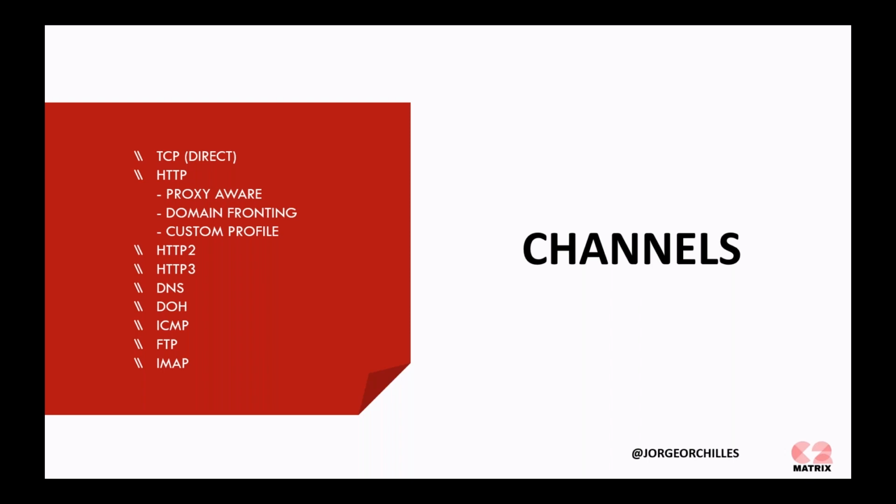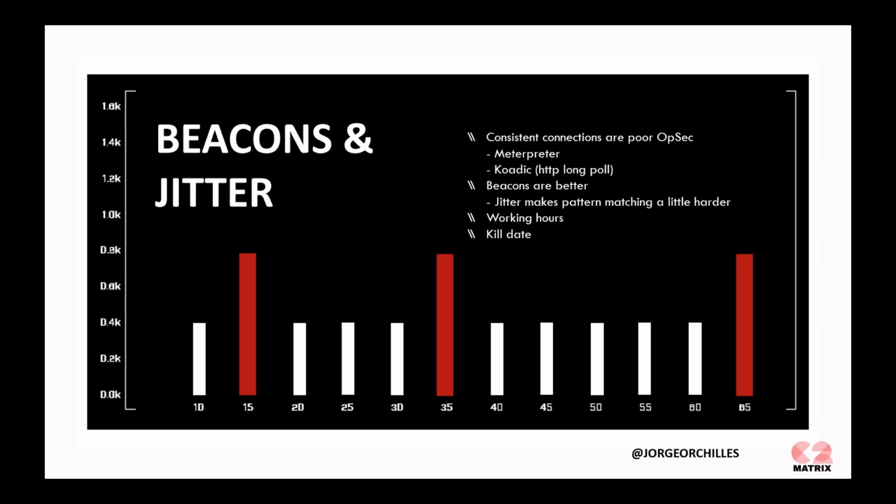Now, most of these command and control frameworks do what's called beaconing. That means that the agent, the computer you compromise, will call out to your server every so often. You should be able to configure that time. For a short haul, you can do it every minute, every 10 minutes, you call out. Or you can have a consistent connection.